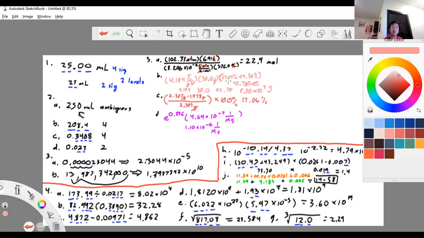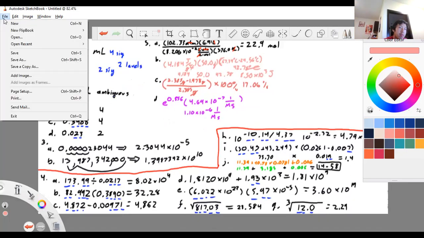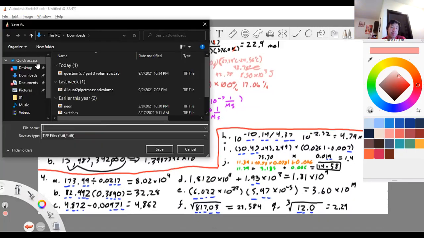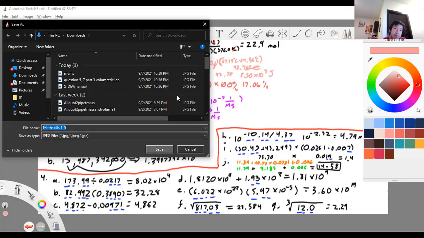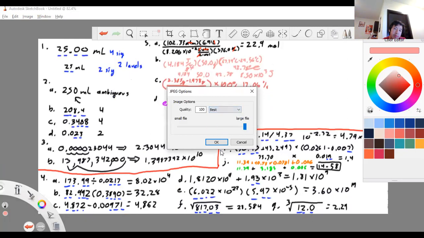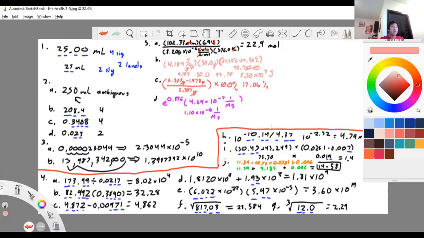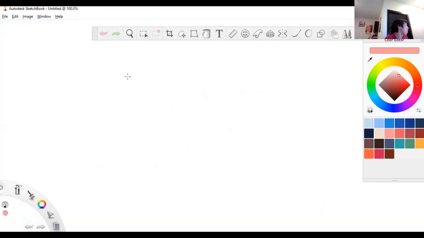6, gold is very malleable. You know what? We'll save this file. Then go to your file. 6, gold is very malleable, which means it can be pounded into very thin sheets.